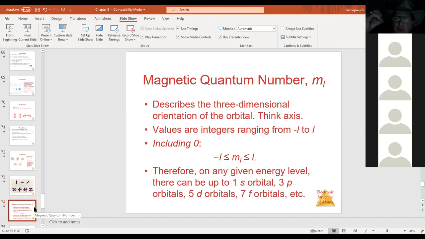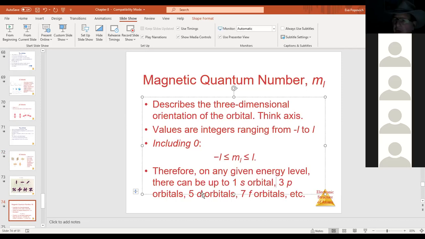And if L is 0, m sub L also has to be 0. If I have a p orbital, my values of m sub L can be minus 1, 0, and plus 1. I have 3 p values because my L is 1 for a p orbital.